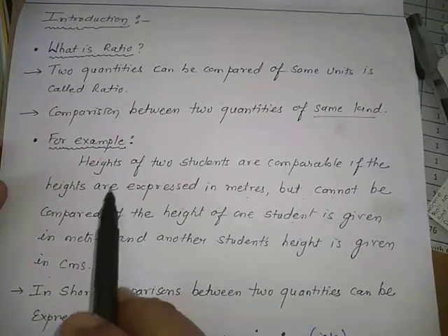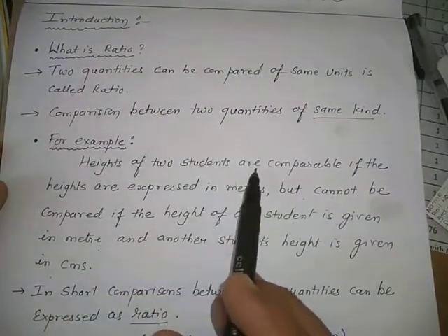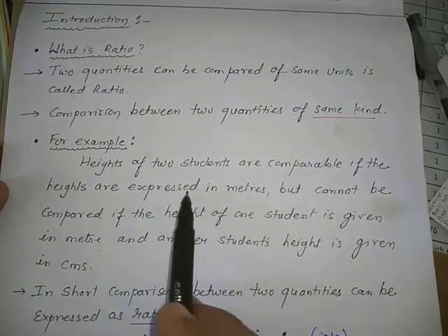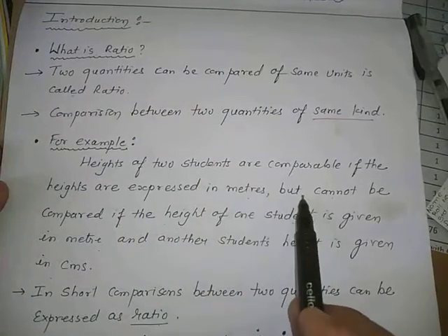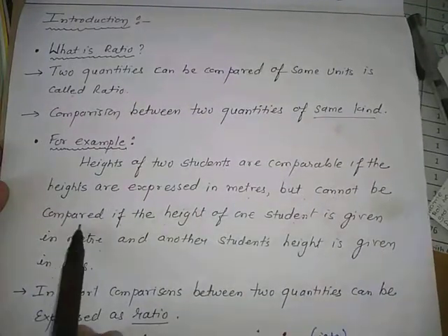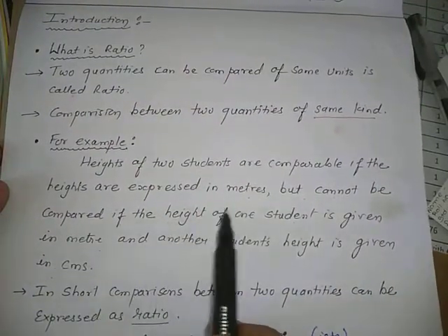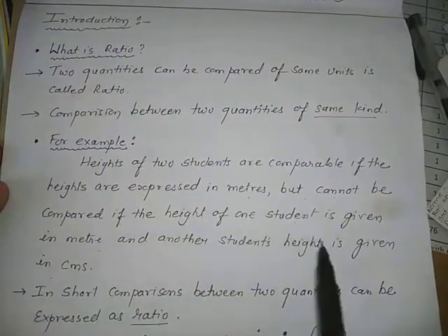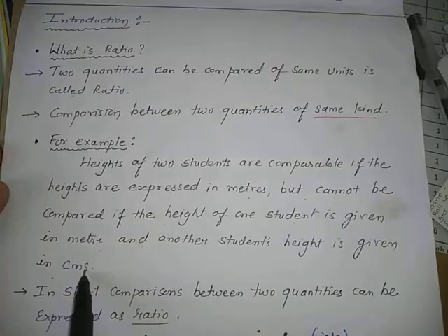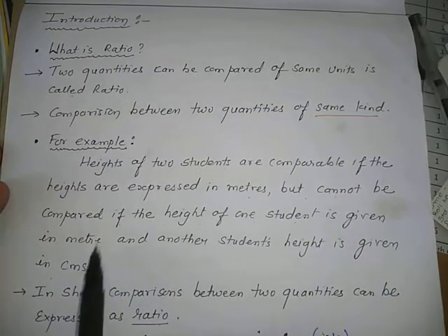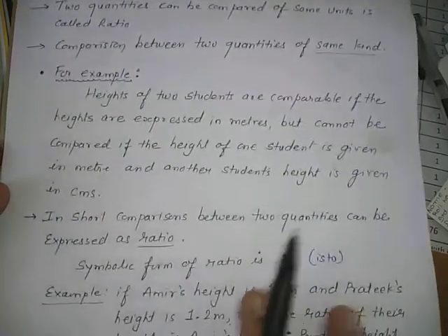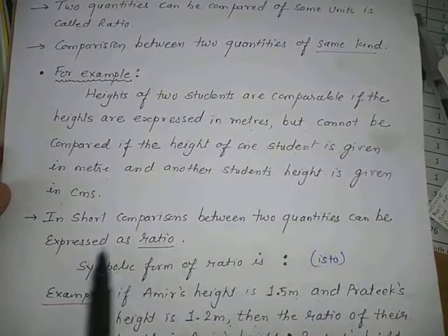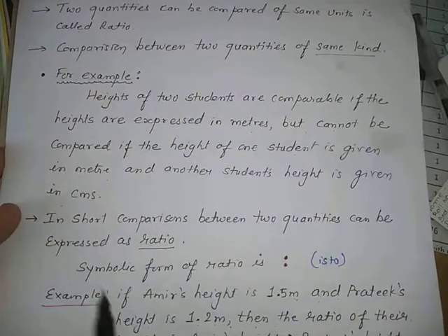For example, the heights of two students are comparable if the heights are expressed in meters, but cannot be compared if the height of one student is given in meters and another student's height is given in centimeters. Means the measuring unit should be the same. In short, comparison between two quantities can be expressed as ratio.